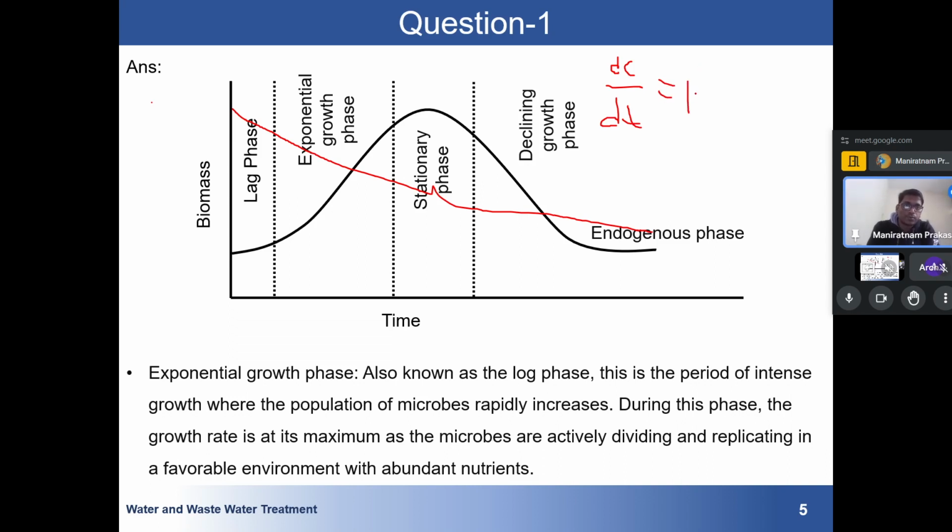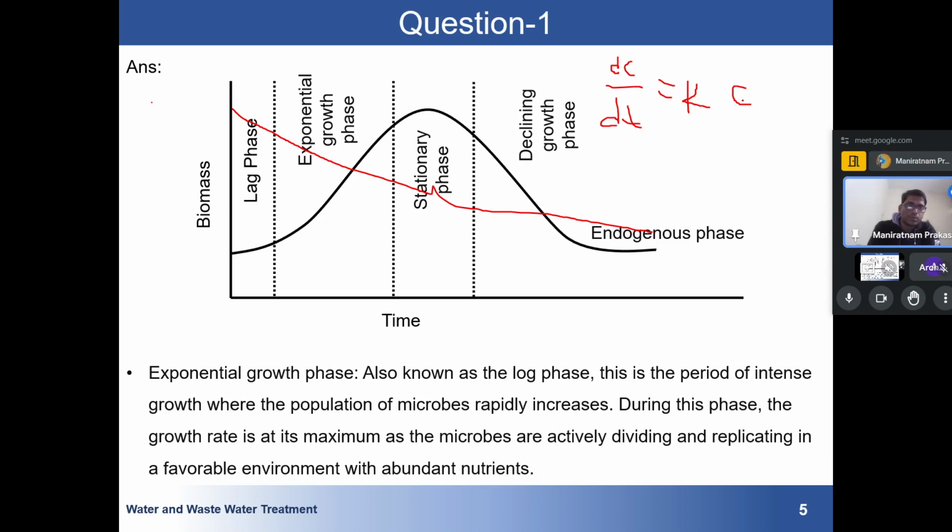I hope you remember what a first order reaction is. So the growth, meaning the increase in concentration of the population of microbes, is proportional to C to the power 1, or simply C.